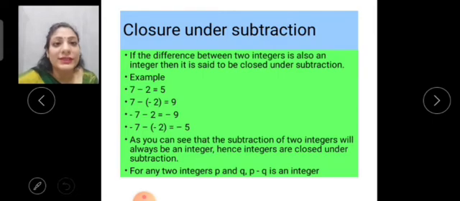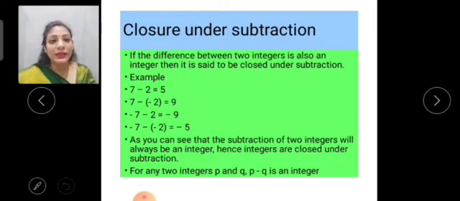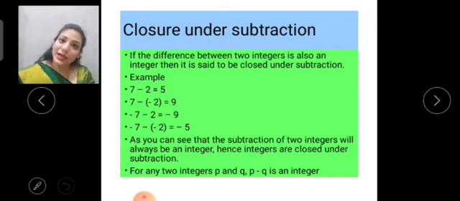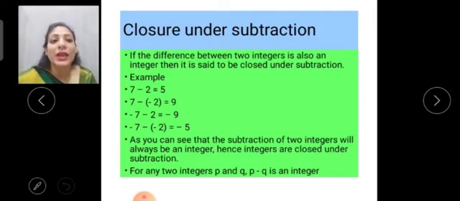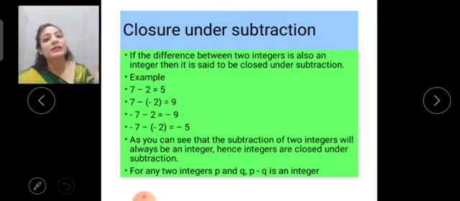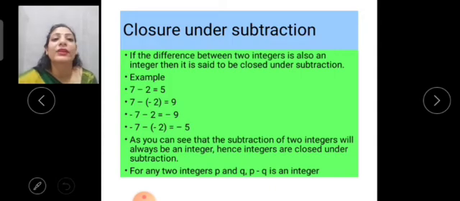We can see here in all the examples, when we subtract two integers, the answer remains an integer. So, we can say the subtraction of two integers will always be an integer. Hence, integers are closed under subtraction also.